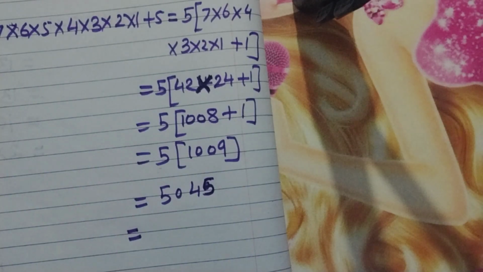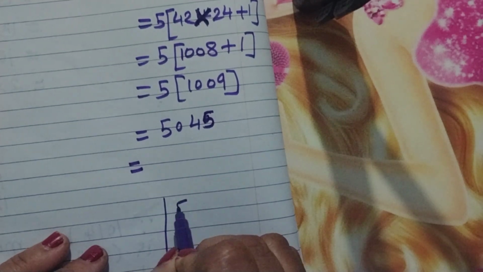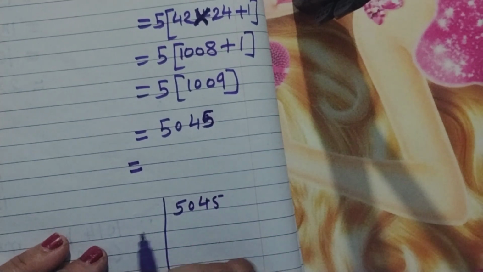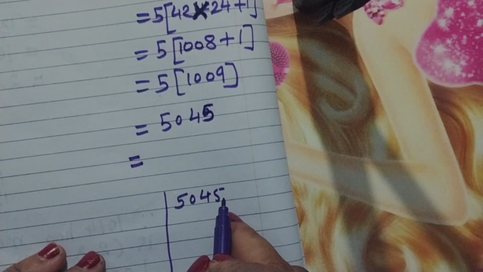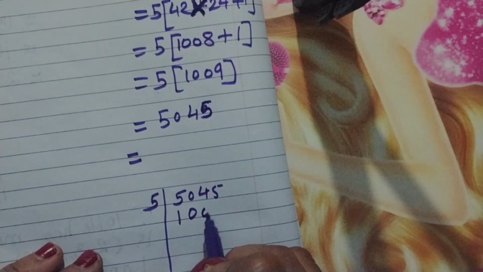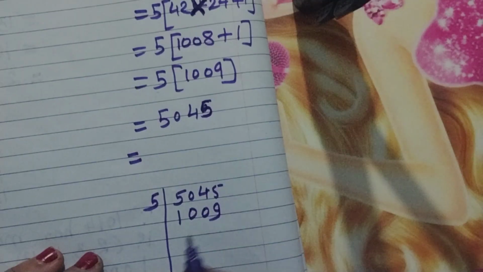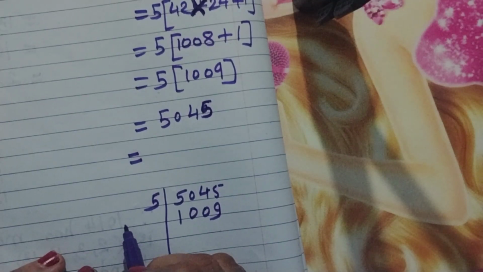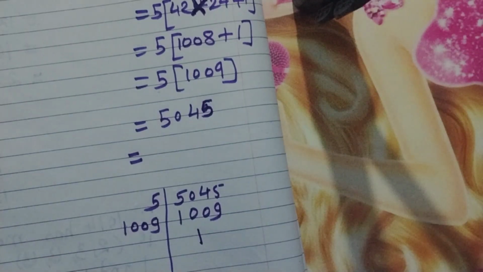Now we can write 5045 as a product of its prime factors. So to write this as a product of its prime factors, we have to do prime factorization of 5045. Division is not possible with 2 and also not with 3. Division is possible with 5. 5 ones are 5, 0; 5 nines are 45. So 1009 is a prime number, so it is divided by the number itself. 1009 divided by 1009 gives the quotient 1.